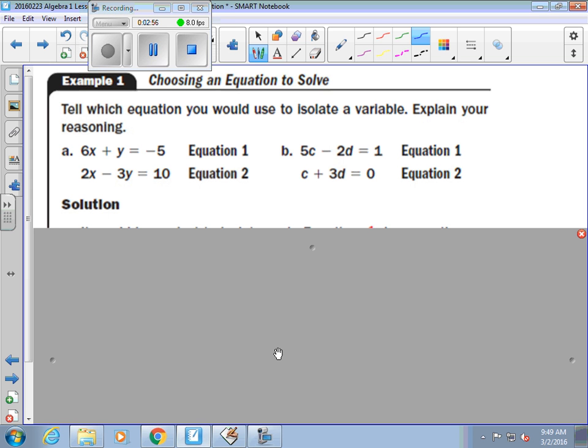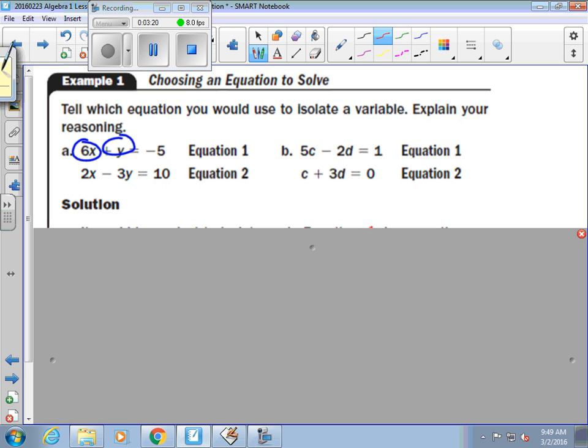So if you look at the two variables in this first equation, 6x and y, we could either move y over and then divide by 6 to get x by itself, or we can move 6x over and y is already by itself.